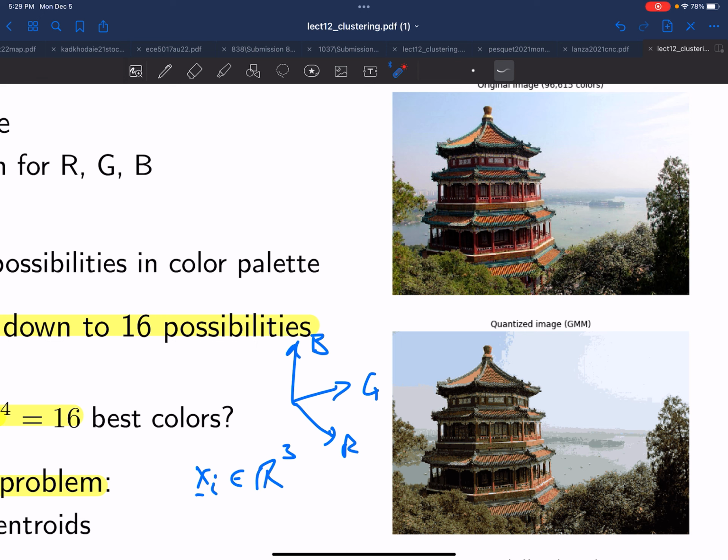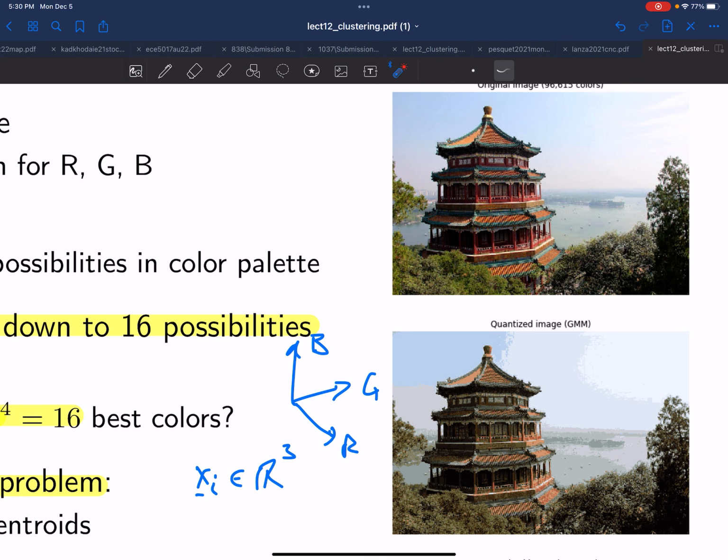The first thing you can notice when you look at the sky is that there's like 1, 2, 3, 4 different colors which are used for the sky. Here you had very smooth gradients, thousands of colors were used for the sky. Here it's just 4. And so you do have these kind of weird boundaries. Let's take a look at some of the other things, like there is an island over here with a bridge connecting to it. And let's notice how well we can make out those details.